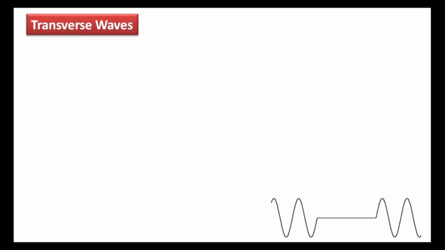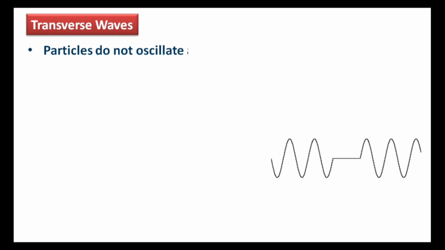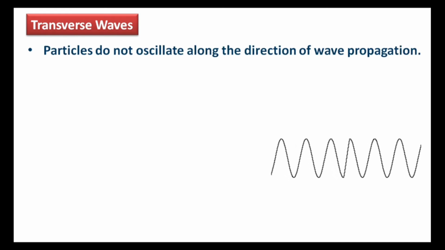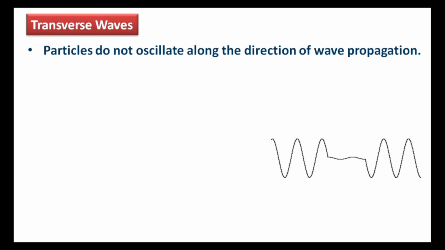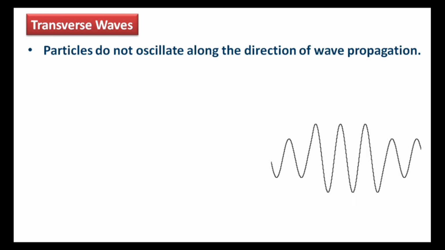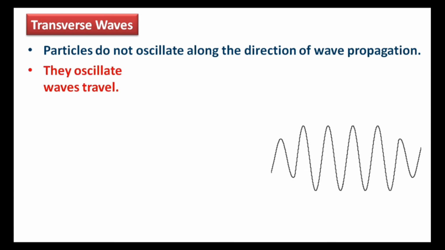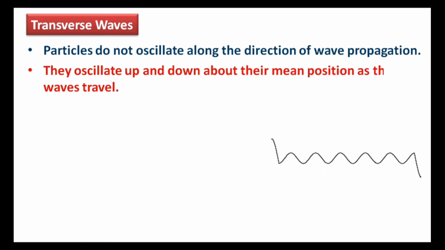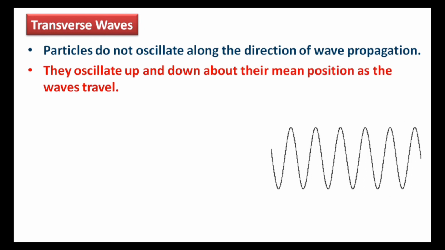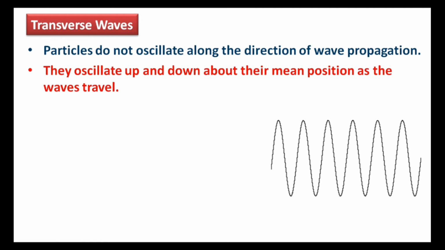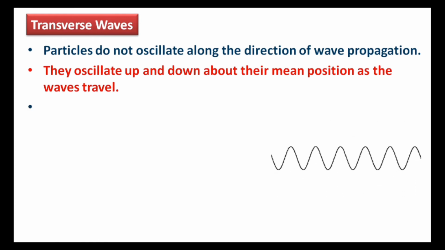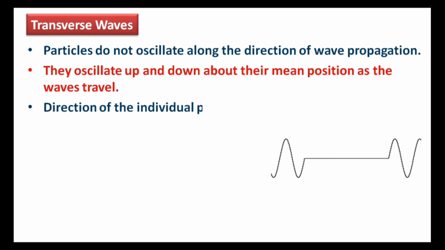Transverse waves. In transverse waves, particles do not oscillate along the direction of the wave propagation. They oscillate up and down about their mean position as the wave travels, and you can see the GIF of the transverse waves.